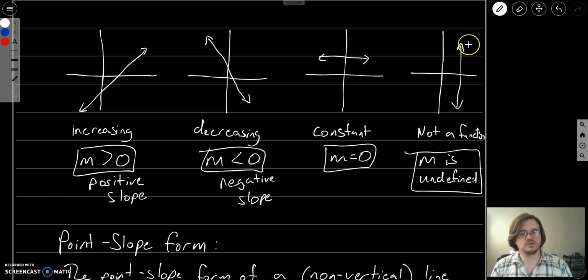You might see this referred to as having infinite slope. It goes up infinitely far for how far you go from left to right, but this is a better way of phrasing this. You can have a slope that's positive, negative, or 0, or in the special case of having a vertical line, we say that the slope is undefined.